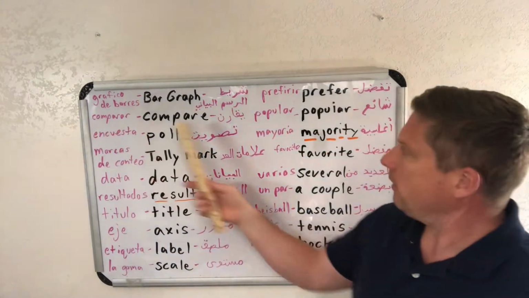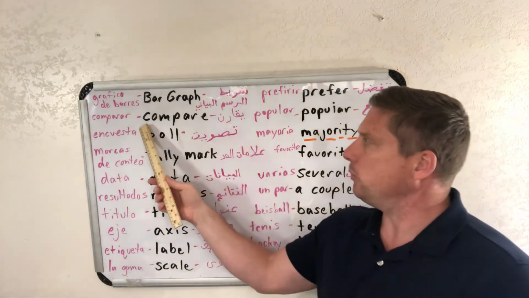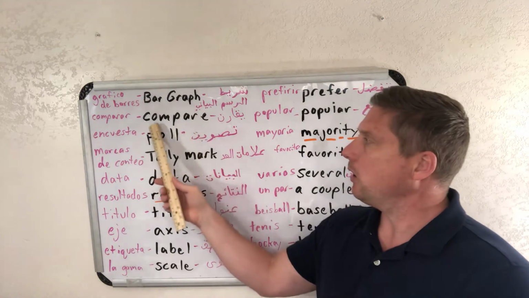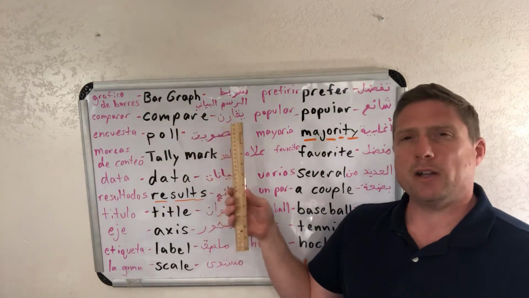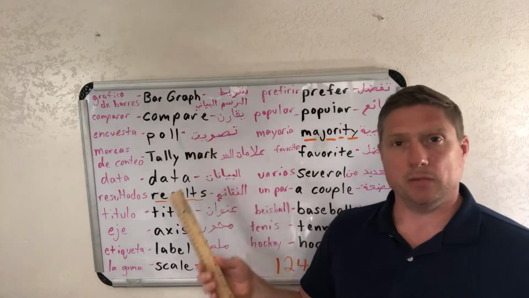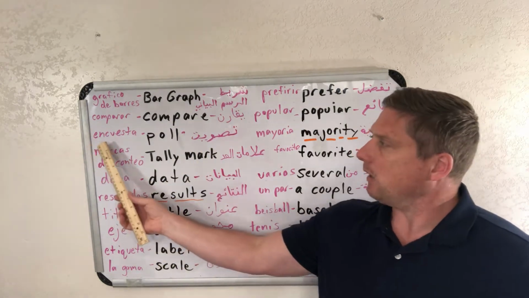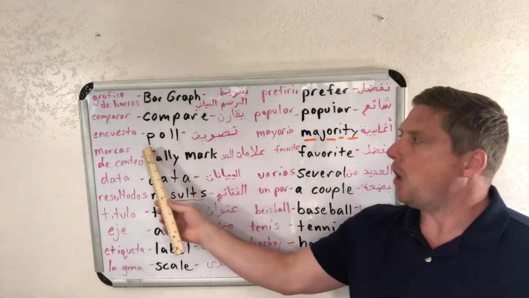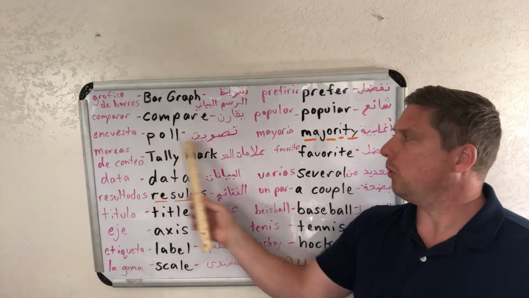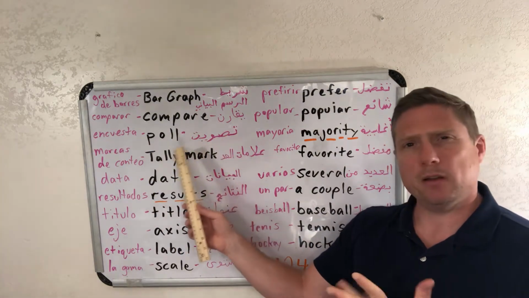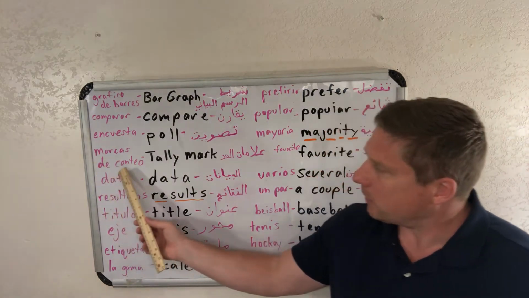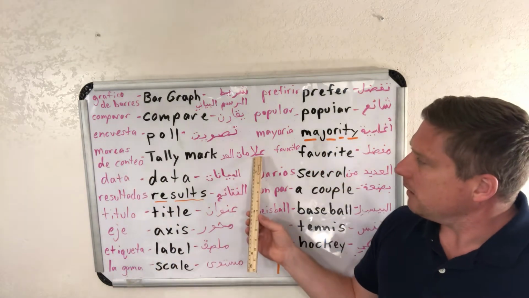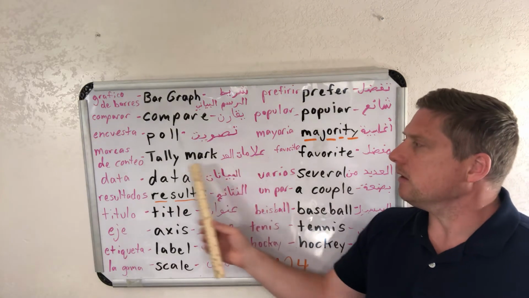To compare. Bar graphs let us compare information easily. Poll. A poll is like a vote in an election.